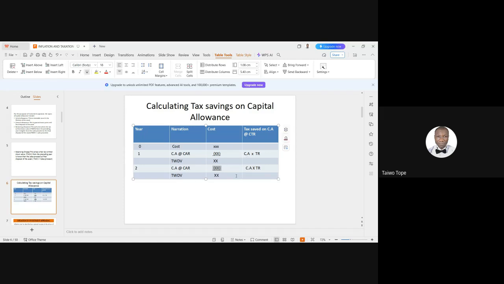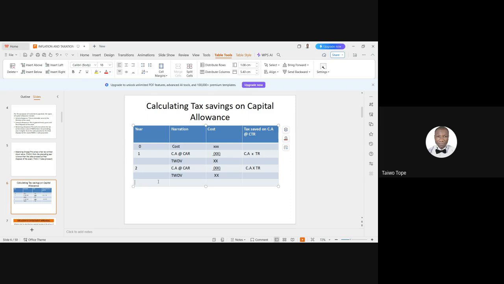For you to move to year three, let's assume the asset just has a three-year lifespan. As at year three, we're going to have a sales proceed, let's assume at the end of year two.